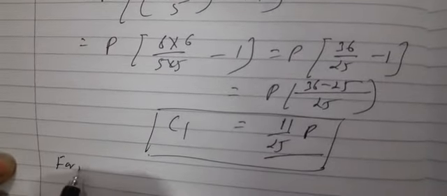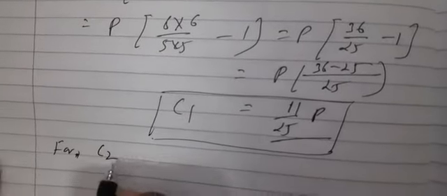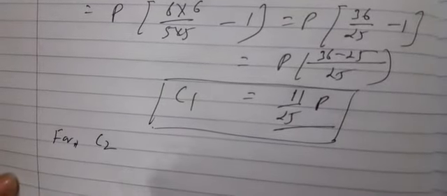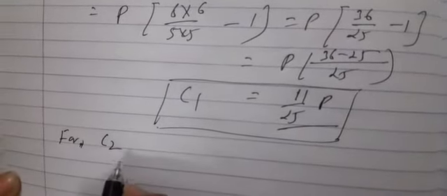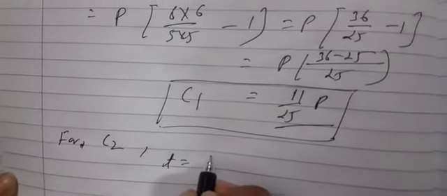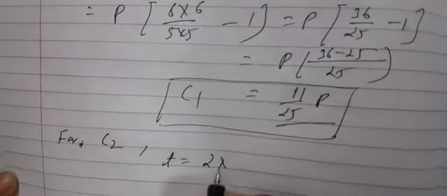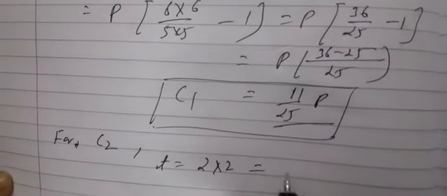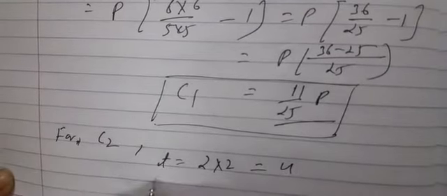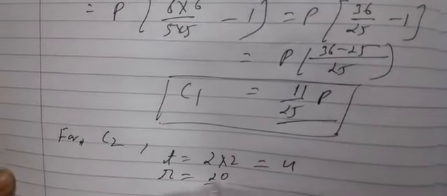For C2, when compound interest is compounded semi-annually, I am repeating the line again and again so that every line is clear to you. For C2, T is equal to 2 into 2, which means for 2 years there are 4 half years because it is compounded half yearly or semi-annually, and the rate will be 20 by 2, that is 10%.